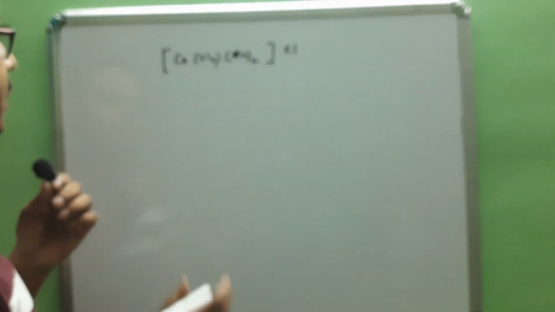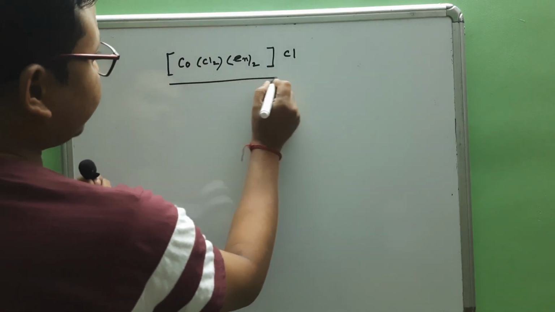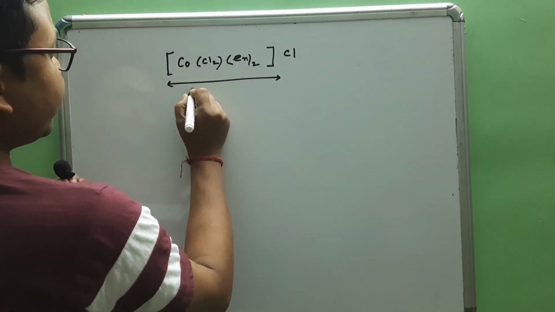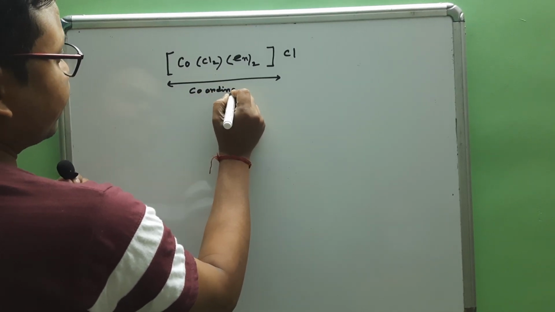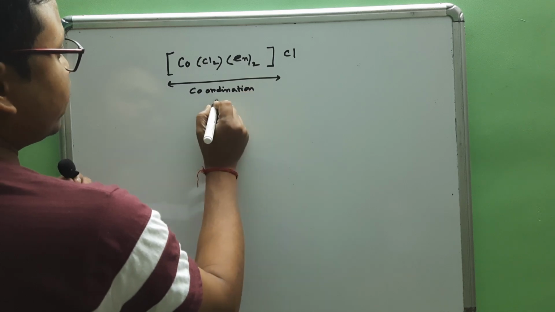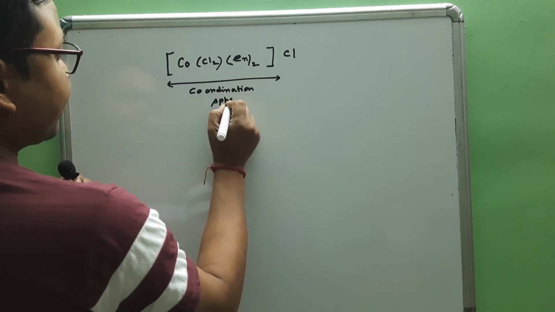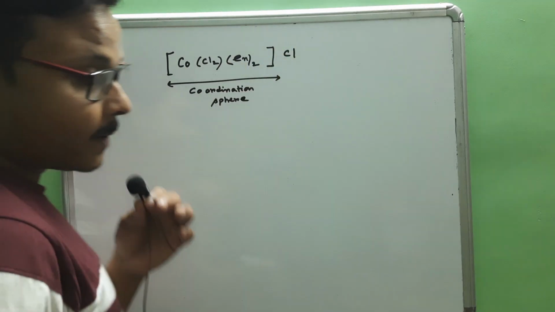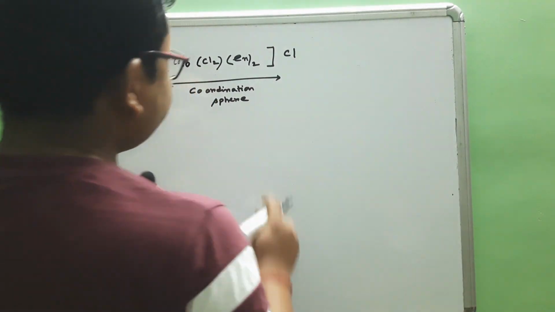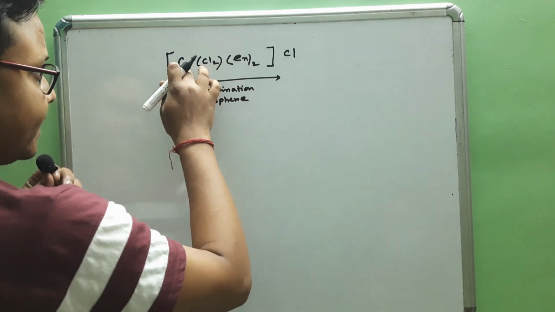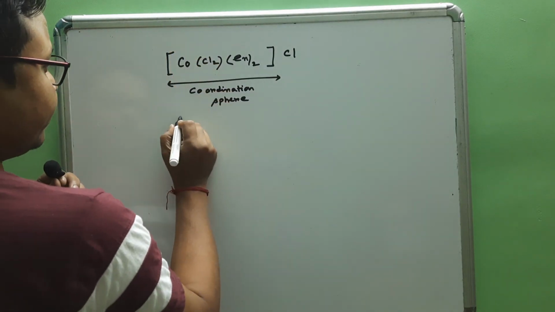This portion is the coordination sphere. First of all, this is the coordination sphere. And what is the central metal? This is a ligand, this is also a ligand, and this is the metal. So this is the central metal.